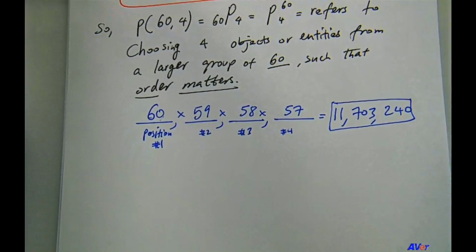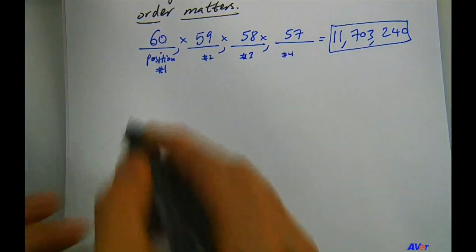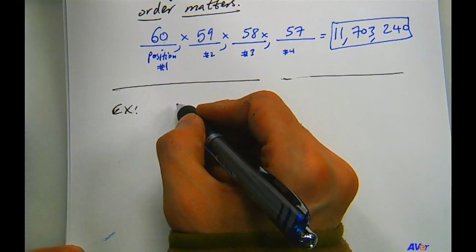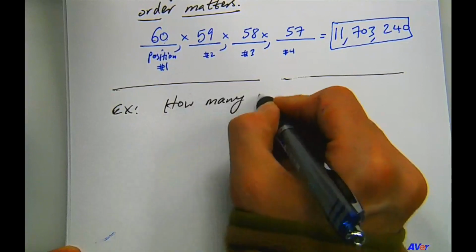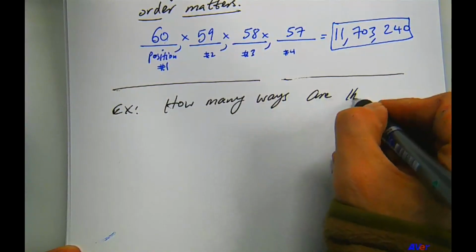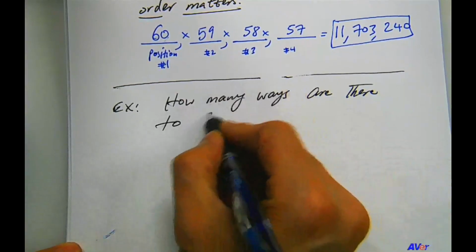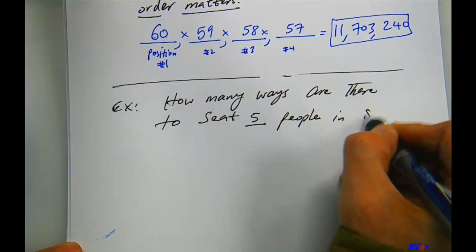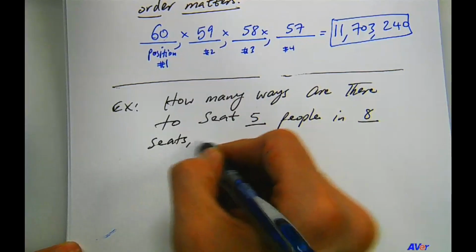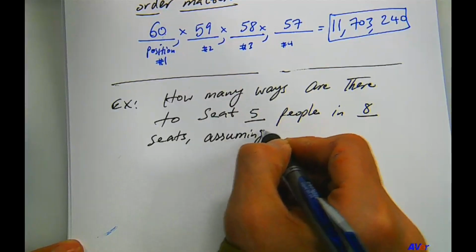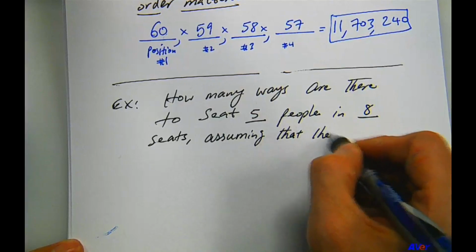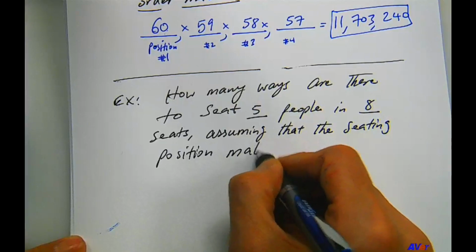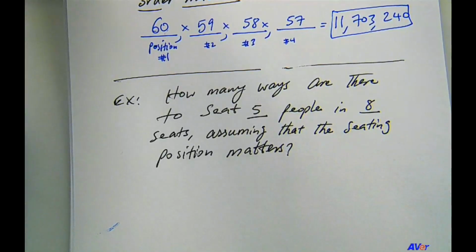Okay, suppose in another example, suppose we say, how many ways are there to seat 5 people in 8 seats, assuming that the seating position matters.